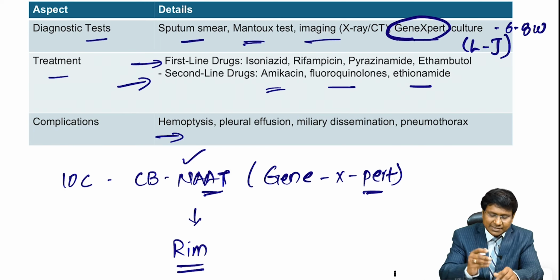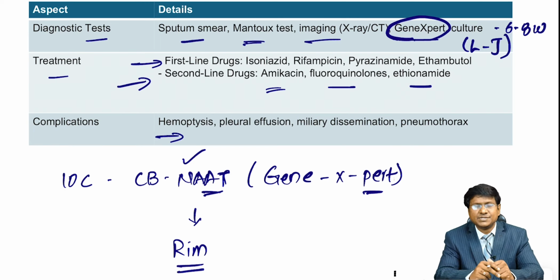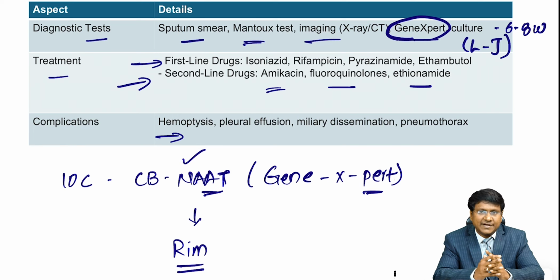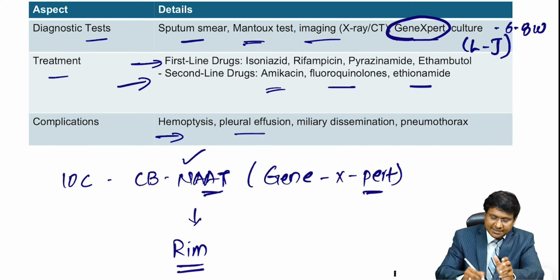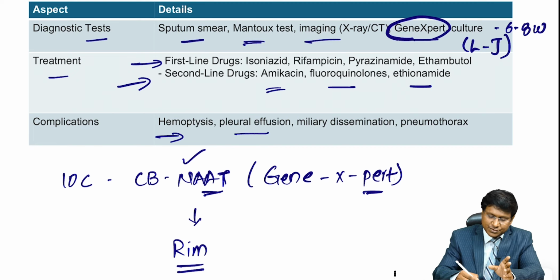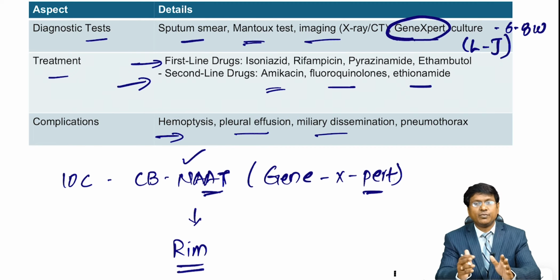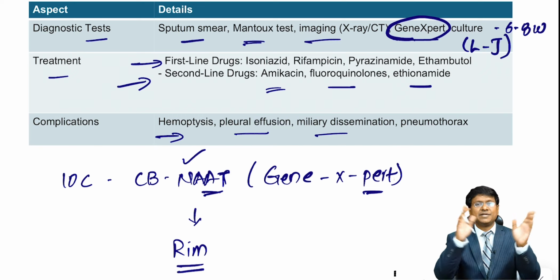Now, what are the complications associated with tuberculosis, including pneumothorax? Number one, there can be development of hemoptysis, due to rupture of the bronchial vasculature secondary to tubercle bacilli. There can be development of pleural effusion. There can be miliary tuberculosis, where the organism is spread from the lung to distant organs.